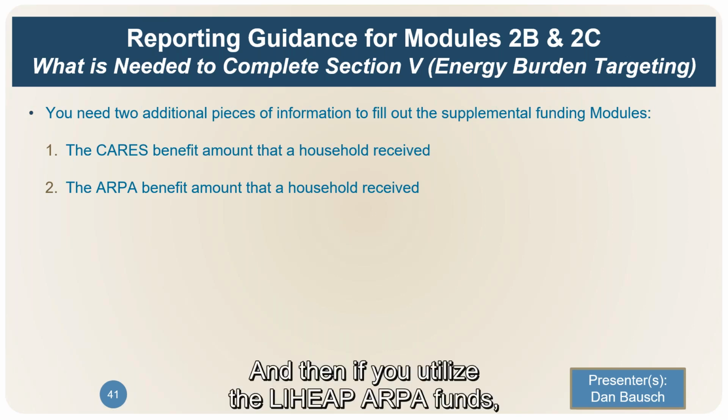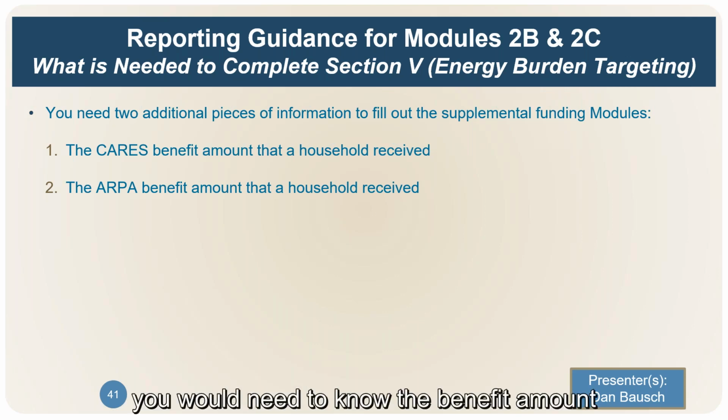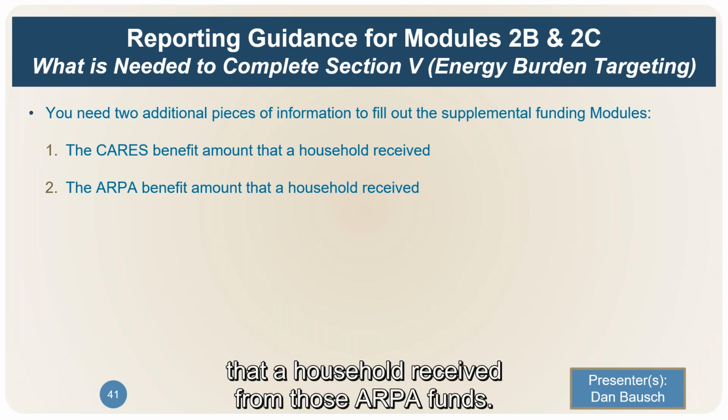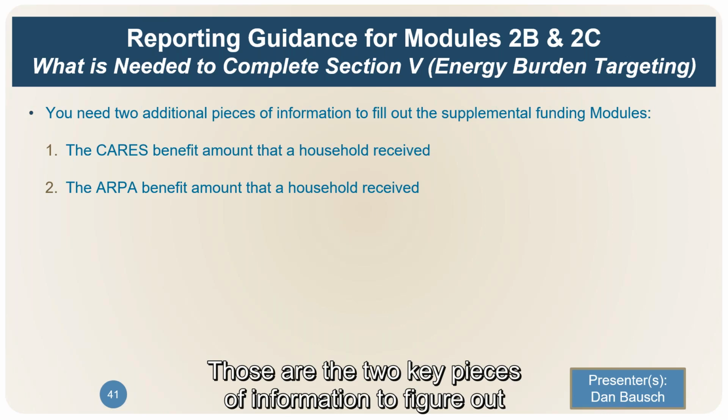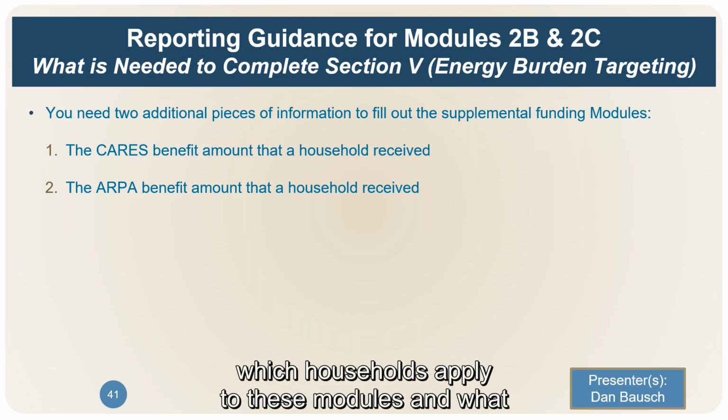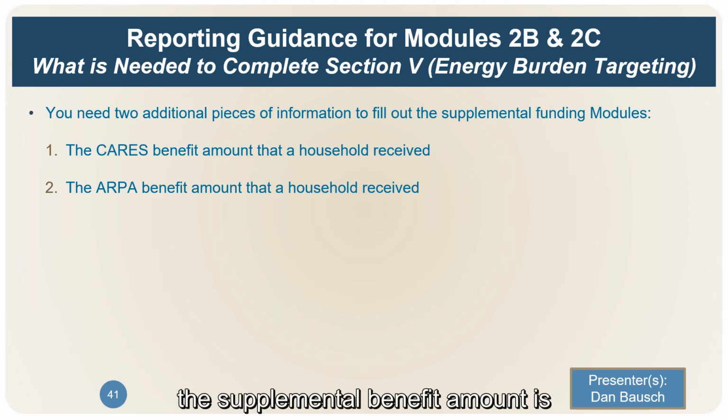And then if you utilize the LIHEAP ARPA funds, you would need to know the benefit amount that a household received from those ARPA funds. Those are the 2 key pieces of information to figure out which households apply to these modules and what the supplemental benefit amount is that you should use in section 5.